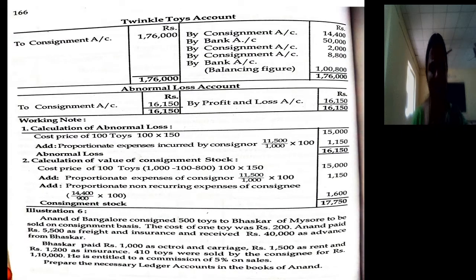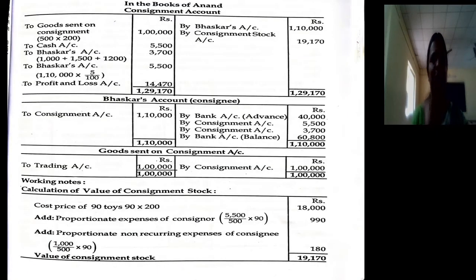The next one, what's the next one? Bhaskar paid 1,000 as octroi and carriage, 1,500 as rent and 1,200 as insurance. When the consignee incurs expenses, journal entry is consignment account debit to Bhaskar account. Write the name of each and every expense incurred by the consignee. Total is 3,700. This will appear on the credit side of consignee by consignment 3,700.